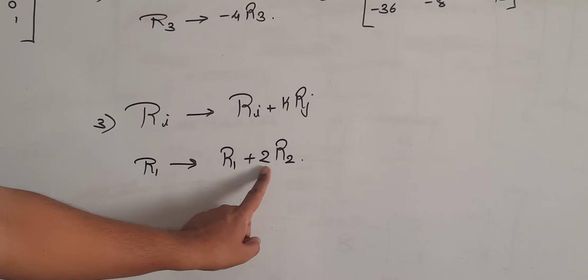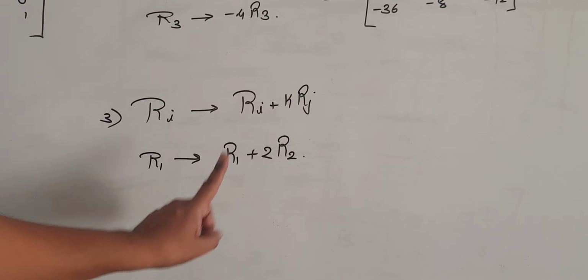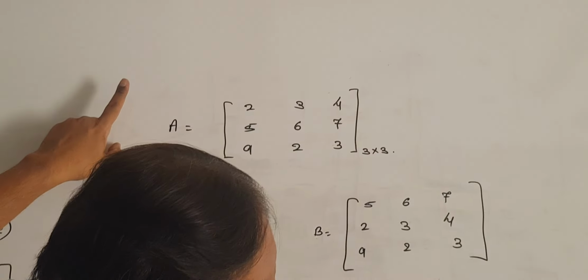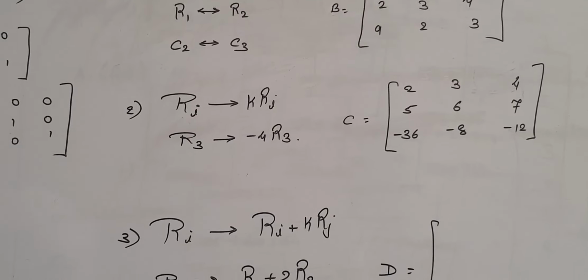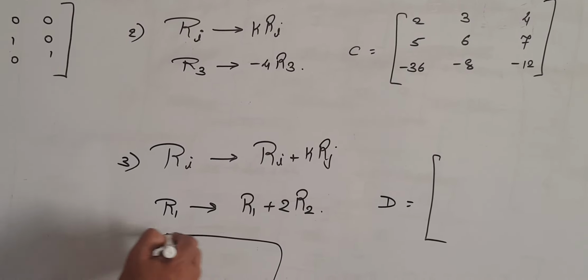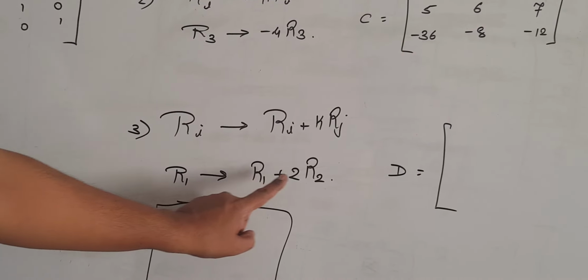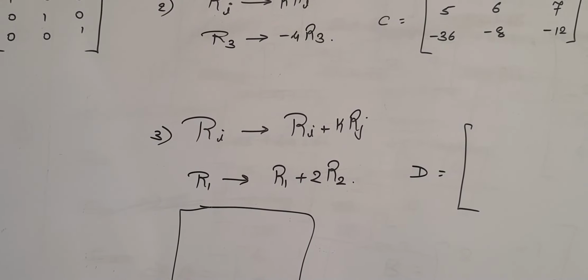Multiply 2 to the elements of the second row and add to the first row. So if I apply this logic in matrix A, your matrix A becomes what? Now this operation we also write here. Is that clear? First row plus 2 into second row elements. First row element is 2.